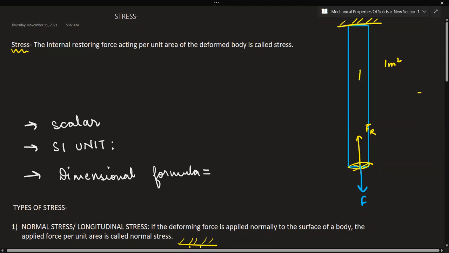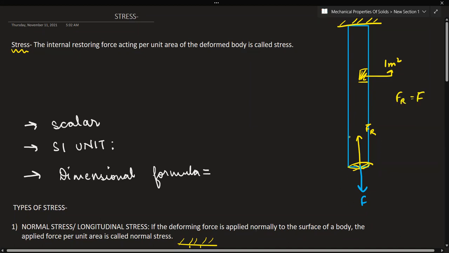This means if I take 1 meter square area, and whatever deforming force has been acting in this 1 meter square area, that is known as stress. Clear? So deforming force is equal to the restoring force.